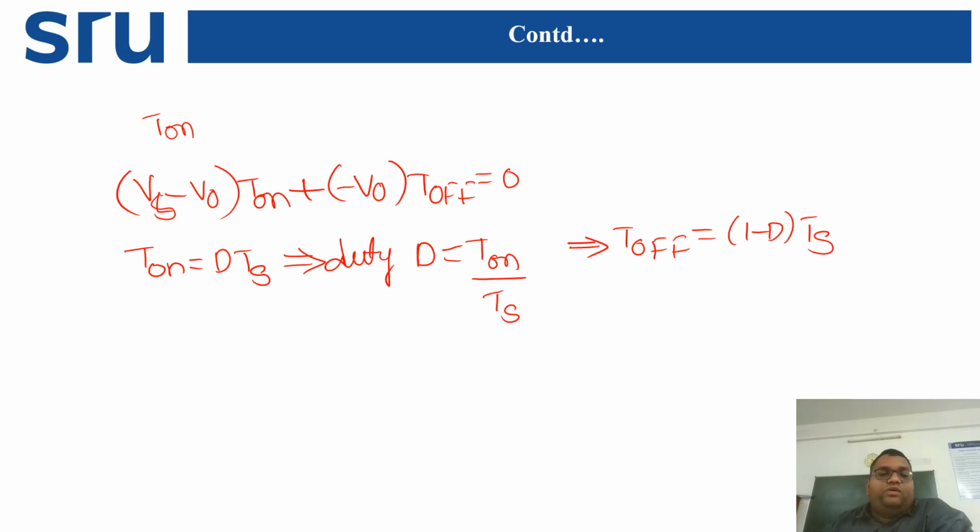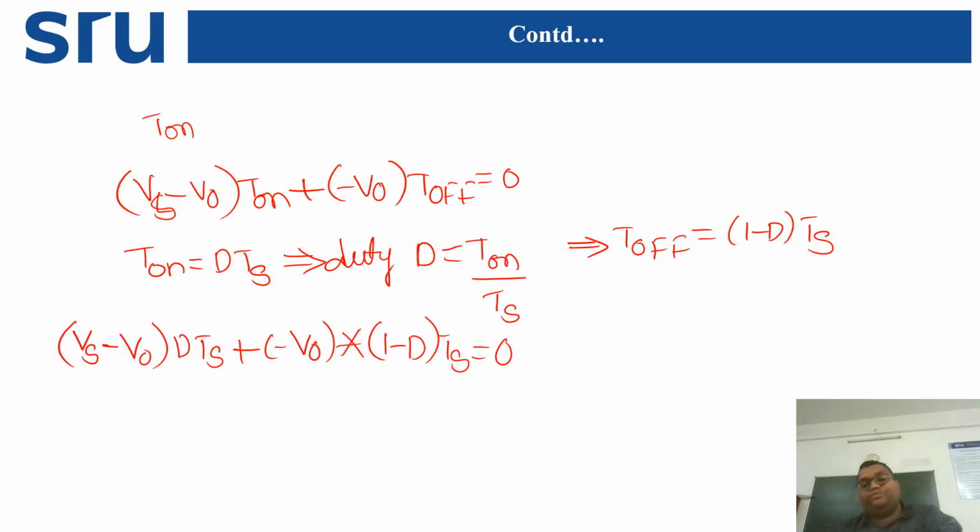From this, the total average voltage appeared across the inductor is 0. So Vs minus V naught, here T on is D times Ts, next plus minus V naught, and T off is 1 minus D times Ts, is equal to 0. So these are the fundamental waveforms which we have observed over here.